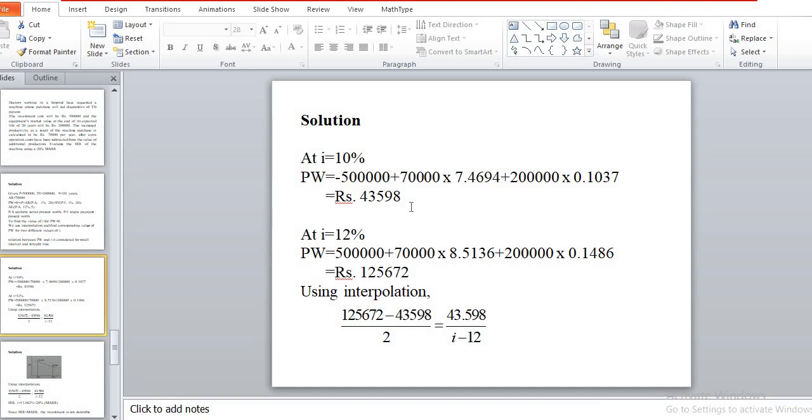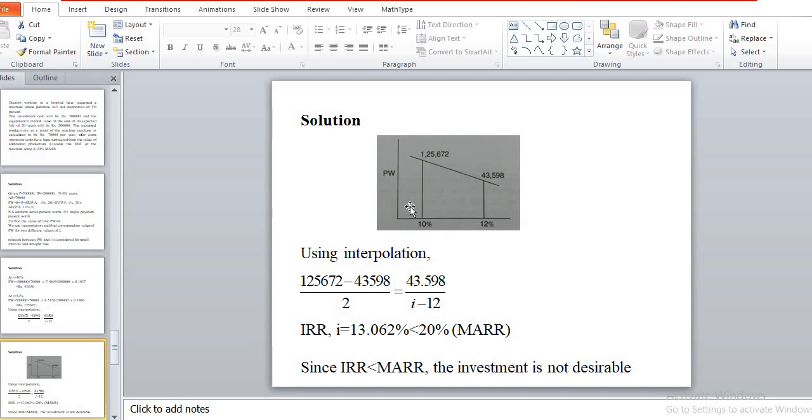Now look at this figure. On the y-axis there is the present worth PW, and on the x-axis there is the interest rate I. Interest rate increases as we move toward the right, and present worth increases as we move upward.